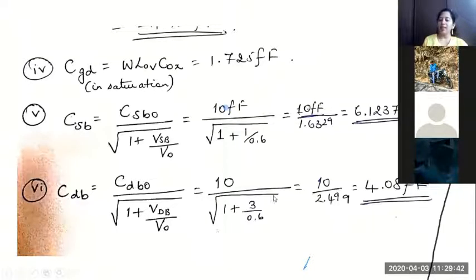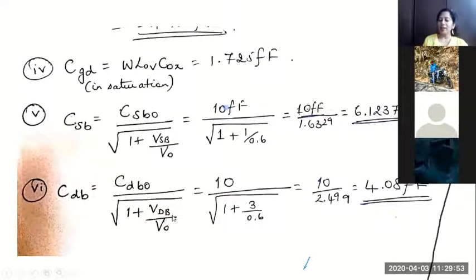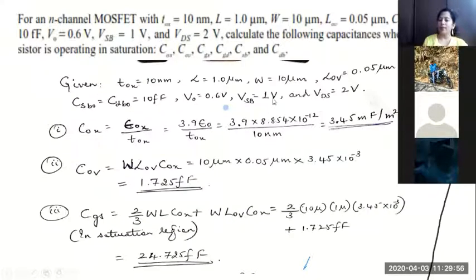And CDB, the drain to body capacitance, we calculate in the same way. Here, the drain to source voltage is given. I was telling you in the beginning, take care. What I need here is the drain to body voltage. How will I calculate that?